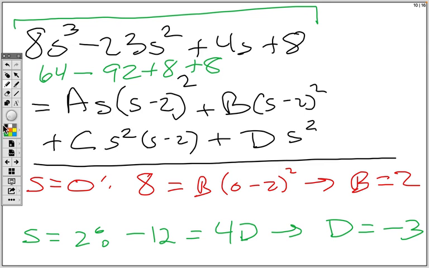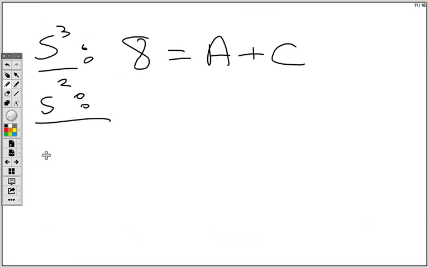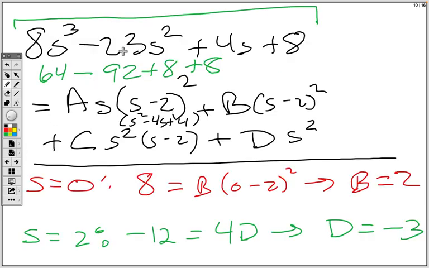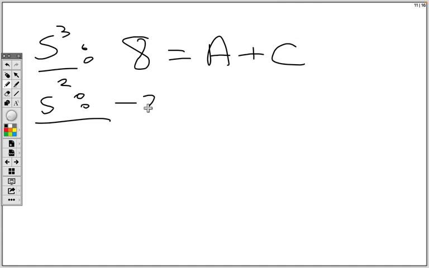Once again, if you need to, feel free to FOIL out this s minus 2 squared. You'd have s squared minus 4s plus 4. So how many s squareds would you get out of this one? Yeah, minus 4a. On the left, the s squareds give minus 23.